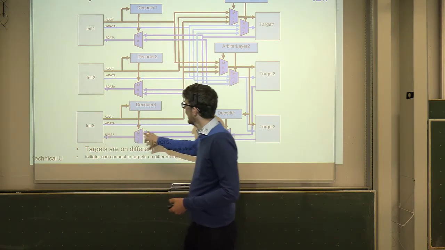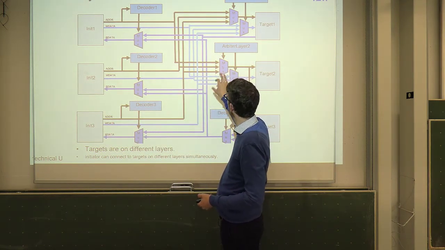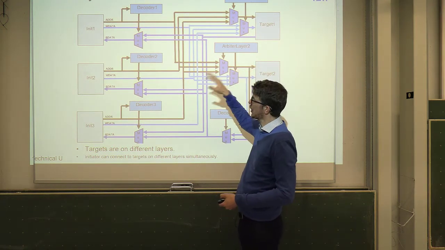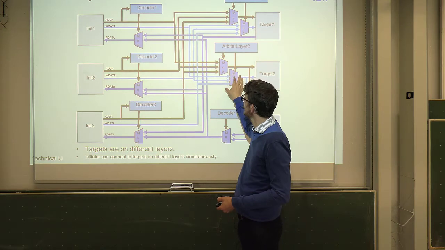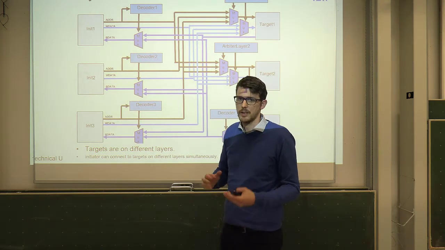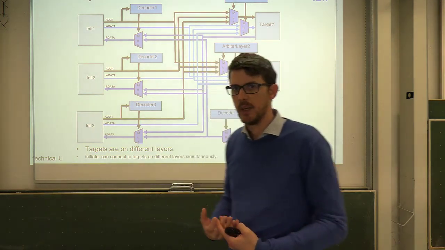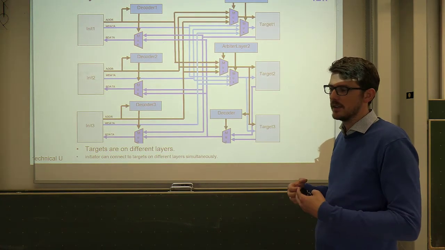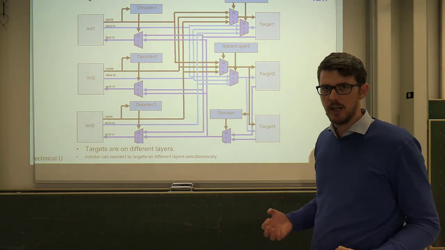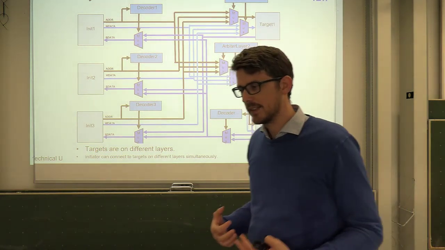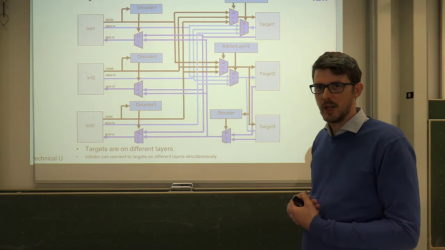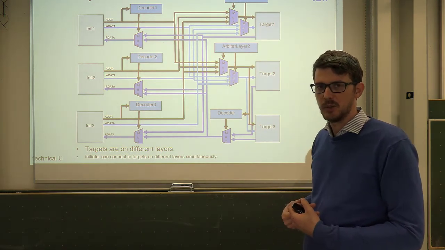If it also wants to make an access, then it either has to choose layer 1, which is occupied by initiator 1, or layer 2, which is occupied by initiator 2, and then some arbitration is happening. So as long as you access targets from different layers, you can do it in parallel. But if you want to access targets which are on the same layer, then you have to do arbitration, and only one of the initiators is able to do that.